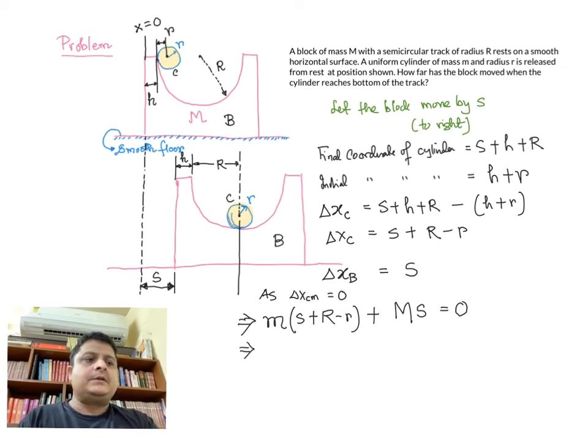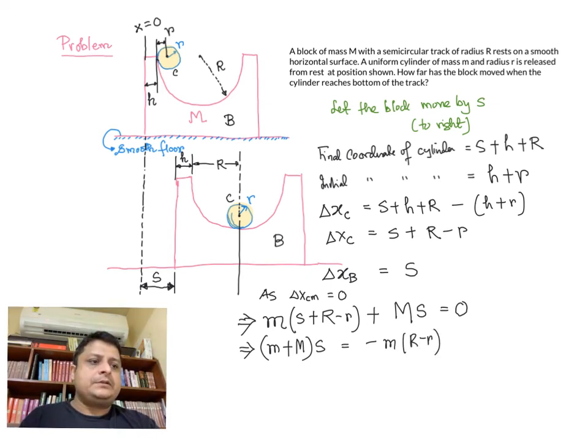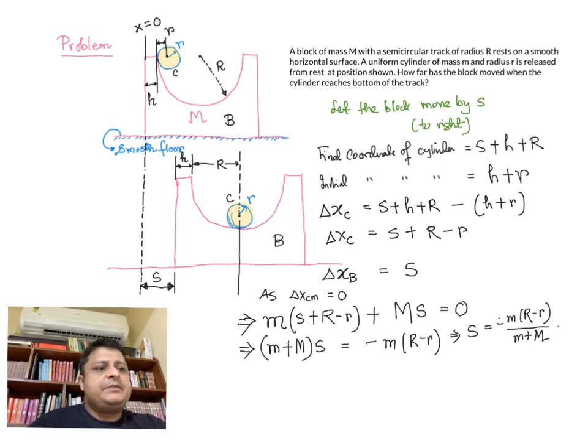This implies small m plus capital M times s is equal to minus m times small r minus capital R, which implies s is equal to minus m times capital R minus small r, divided by m plus capital M. So that means the block shifts by distance m times R minus r divided by small m plus capital M towards the left.